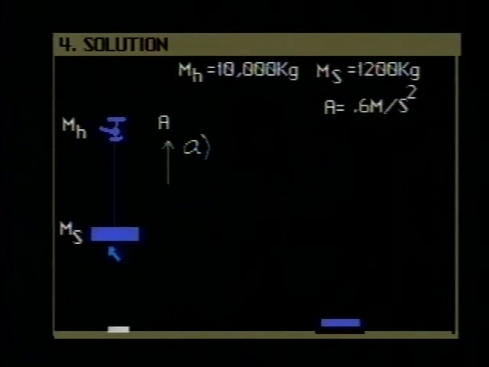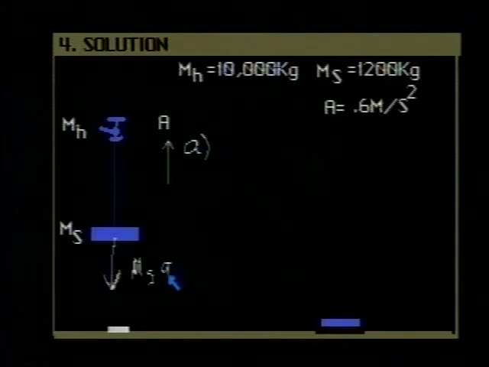If we look at the steel girder and draw a free body diagram on it, we would have the weight M sub s g acting downwards, the tension in the cable, call it T, acting upwards.